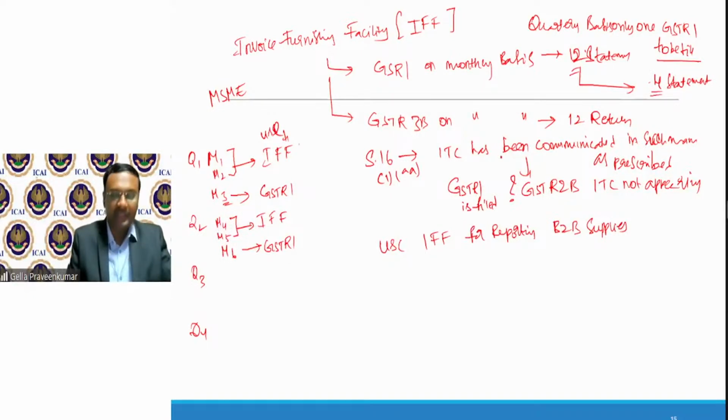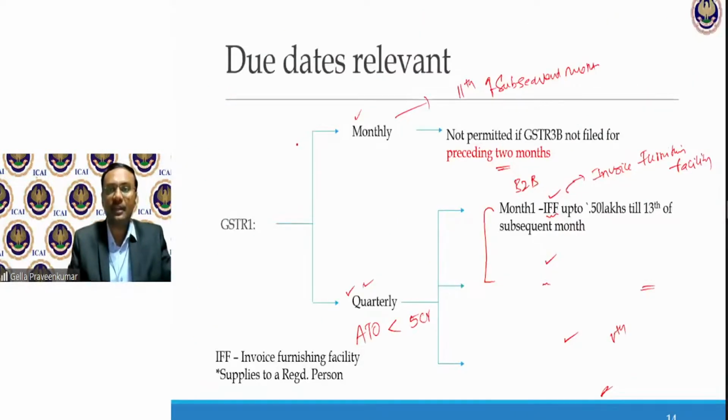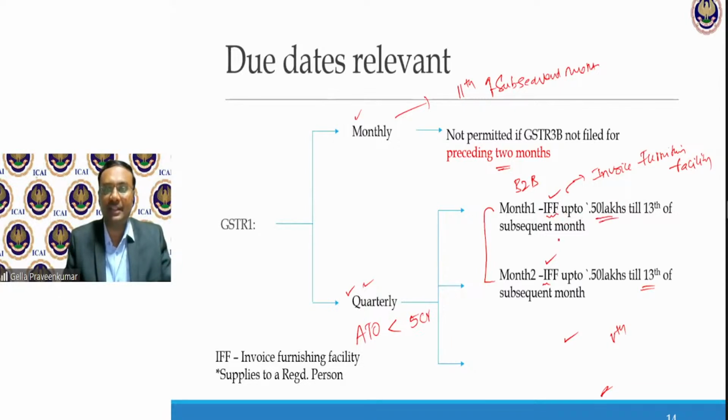So here, coming back, IFF is a facility brought in for reporting B2B supplies for the purpose of Section 16 compliance, right? So they said that month 1, file IFF up to only 50 lakh rupees. Month 2, again file IFF. How much? Up to 50 lakhs for ITC purpose.